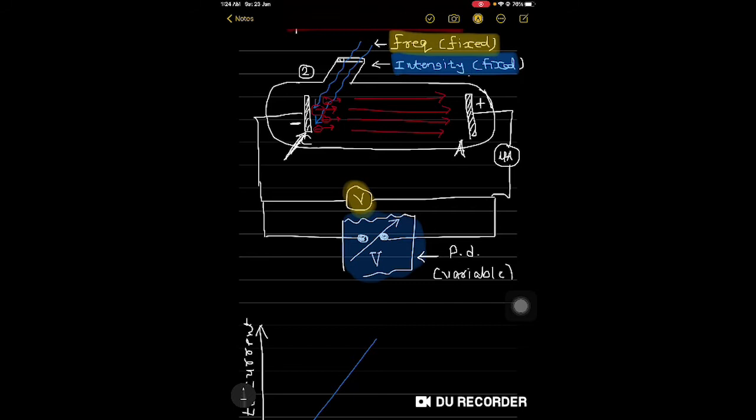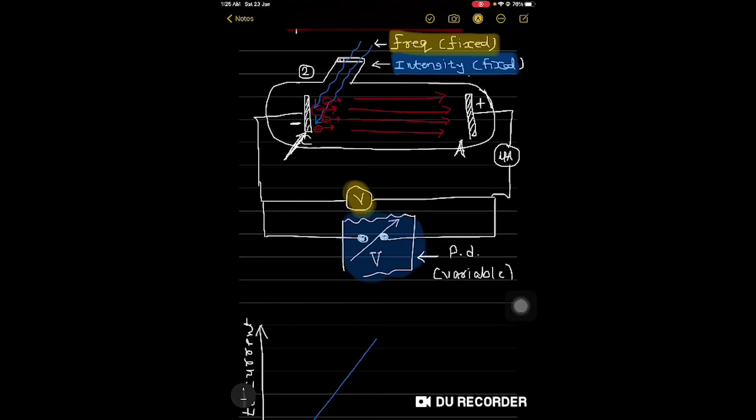At some stage, for a certain positive potential of plate A, all emitted electrons are collected by the plate A and the photoelectric current becomes maximum or saturates.